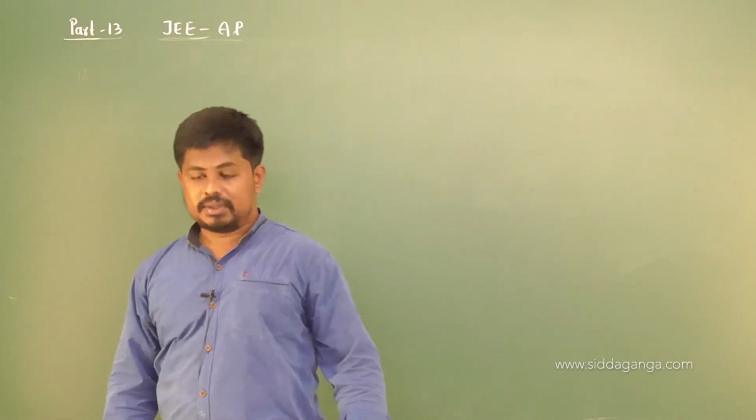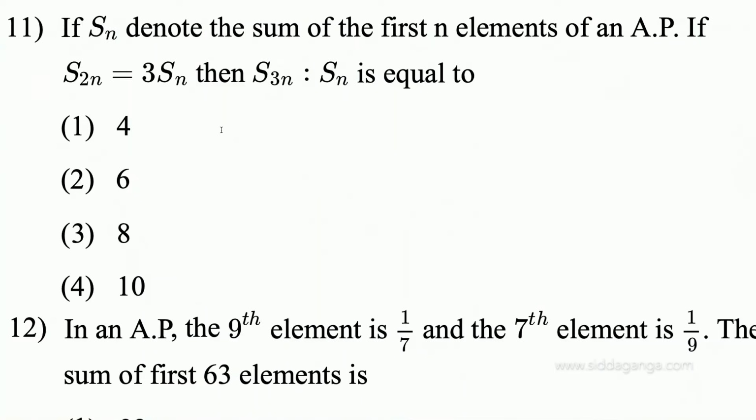Okay, let me look at question number 11. If Sn denotes the sum of first n terms of an AP, and the sum of first 2n terms is equal to thrice the sum of n terms, then what is the ratio of S3n to Sn? Simple, students.